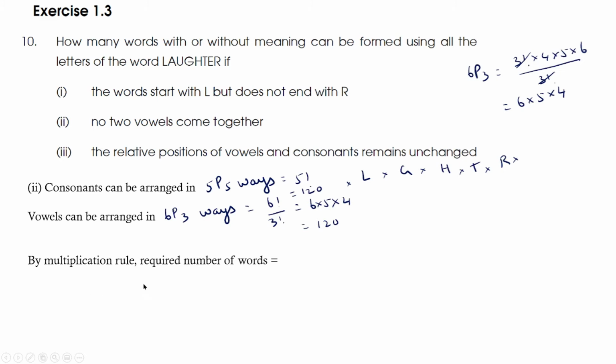So by the multiplication rule, the required number of words is given by 5 factorial into 120, or 120 into 120, which is 14,400.